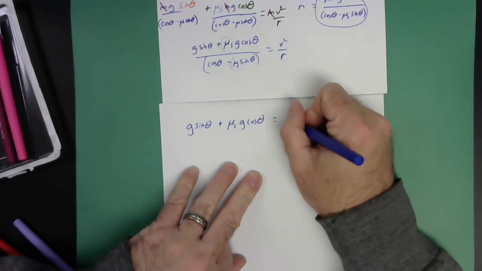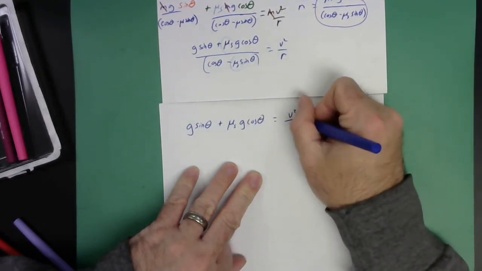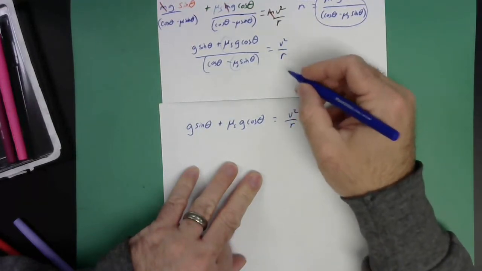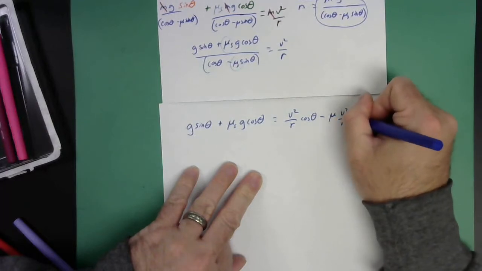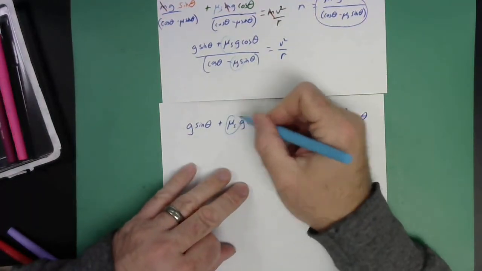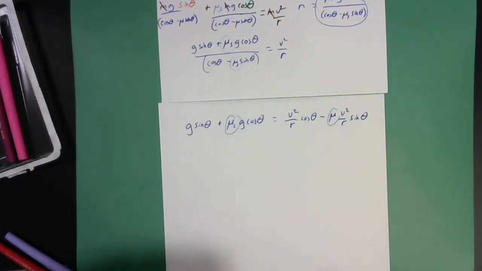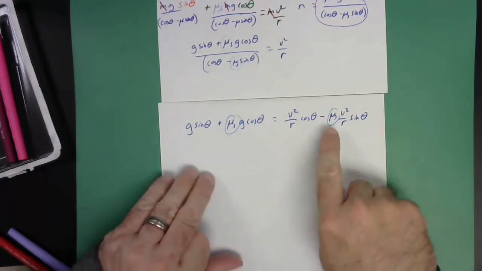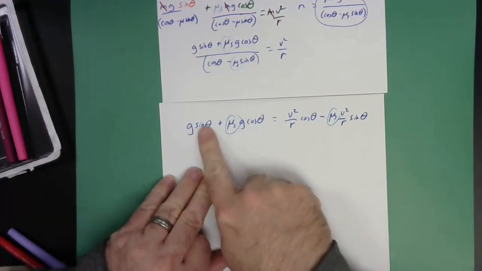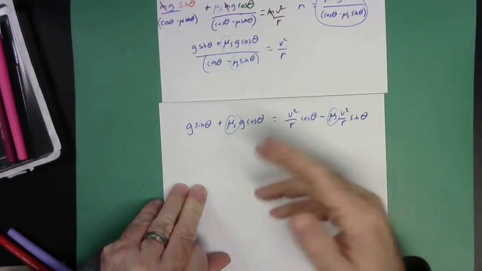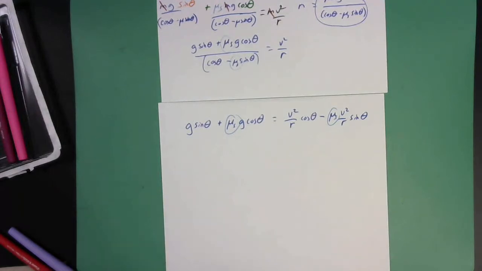Yes, I am: v squared over r times cosine theta minus mu v squared over r sine theta. Again, a reminder, the variable we are trying to isolate is mu s, the static coefficient of friction. So I'm going to move this term to the other side, so I'll have all my mu terms collected on one side, all my non-mu terms on the other.